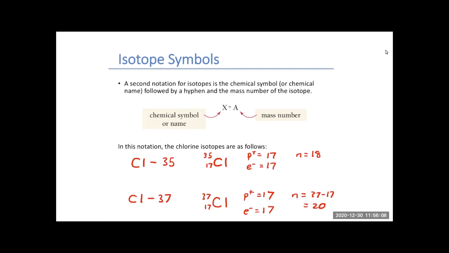And so now you should be able to figure out what different ions are. Remember, ions are where we change the electrons. We're going to change our number of electrons in the atom. And then our isotopes are where we change the number of neutrons.